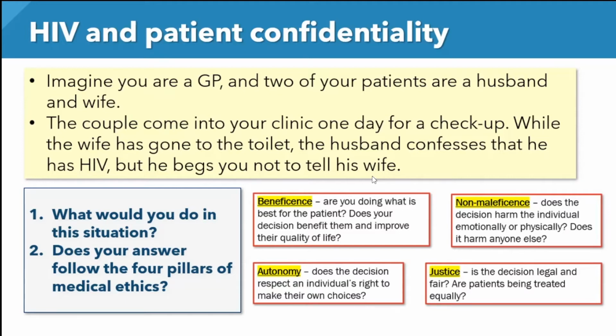I think autonomy is very important in this kind of scenario, especially as the potential of HIV and AIDS is very high for this person, and we have to respect their decision to keep it a secret. But even though we might not necessarily agree with it, I think it might go against some of the other pillars, because in keeping quiet about it, maybe you're putting the wife also at risk, and maybe it's putting a strain on both their mental health for the husband to keep quiet about it, and also the stress or the shock for the wife when she finally gets to know about it.